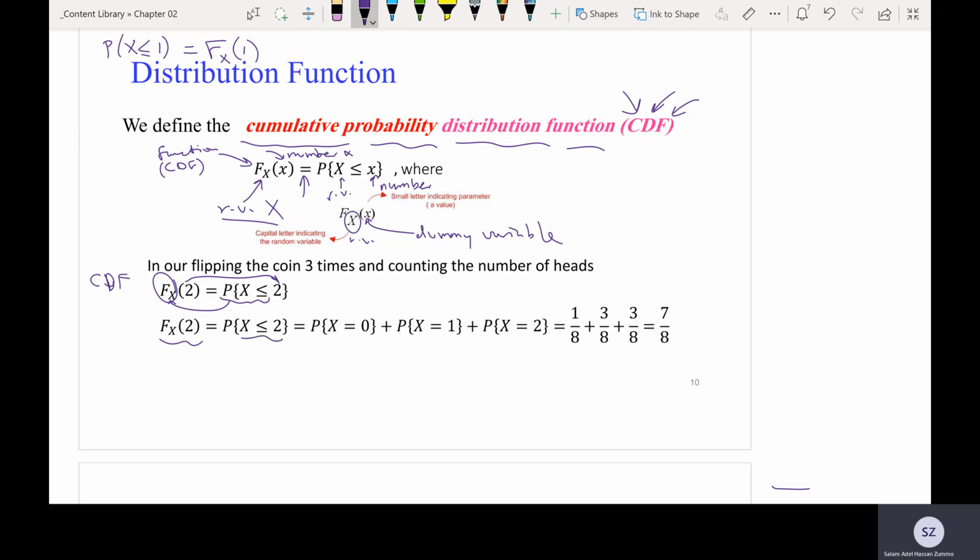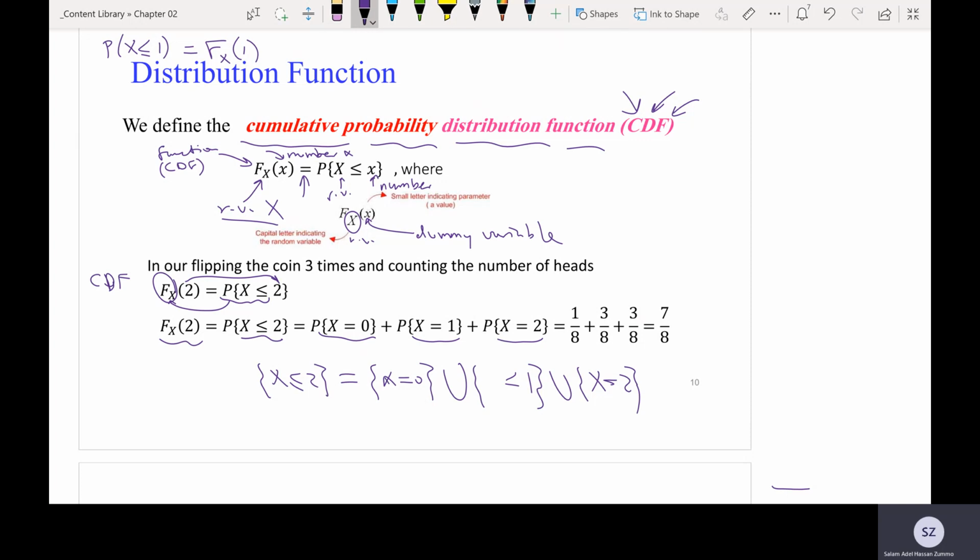In order to find it, we go and find the corresponding events. X less than or equal to 2 happens when X equals 0, or X equals 1, or X equals 2. So basically, the event X less than or equal to 2 equals the event X equals 0, union, X equals 1, union, X equals 2.